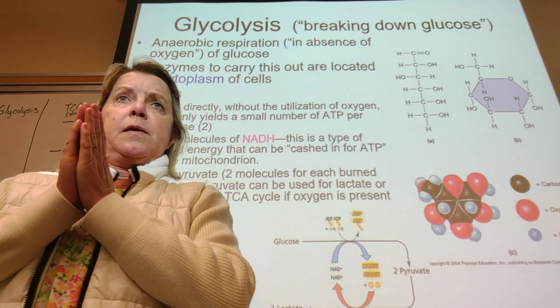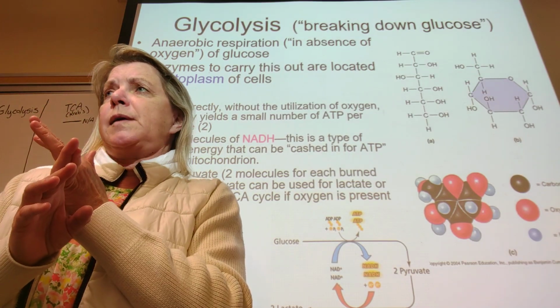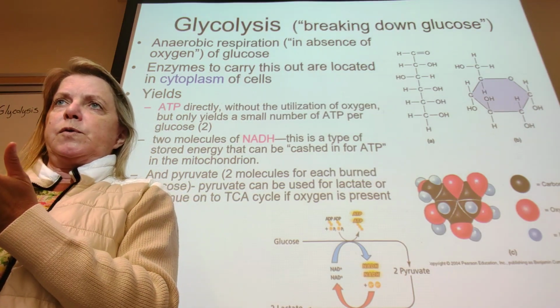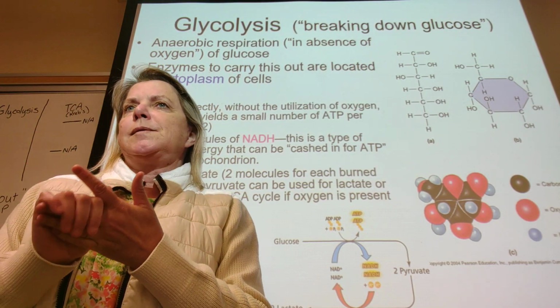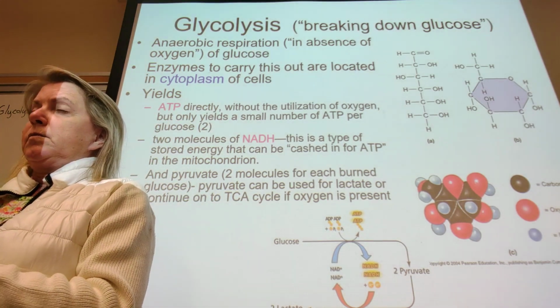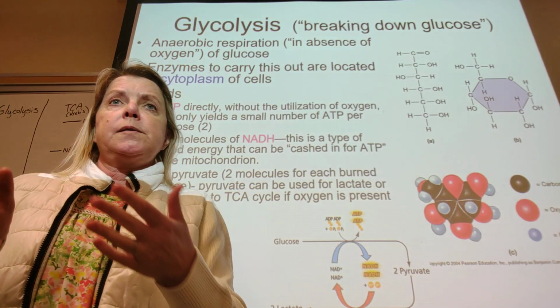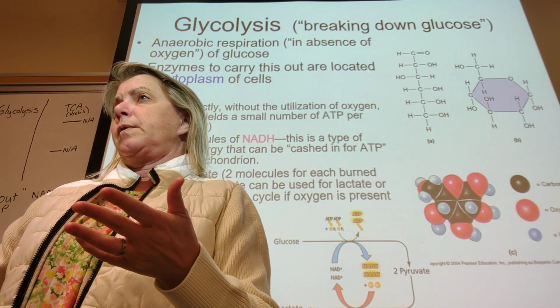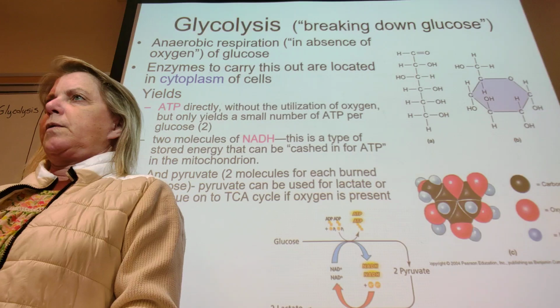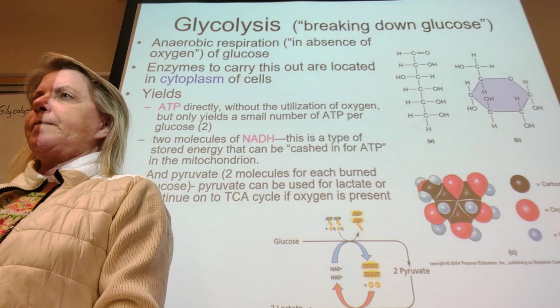I'll be happy if you can tell me where does it happen, how many ATP are produced, and how many coenzymes are we sending to the mitochondria. That's what I want you to know. Where is it? What do we start with? What does the starting material look like? And what do we finish with? That's basically what I'm asking.